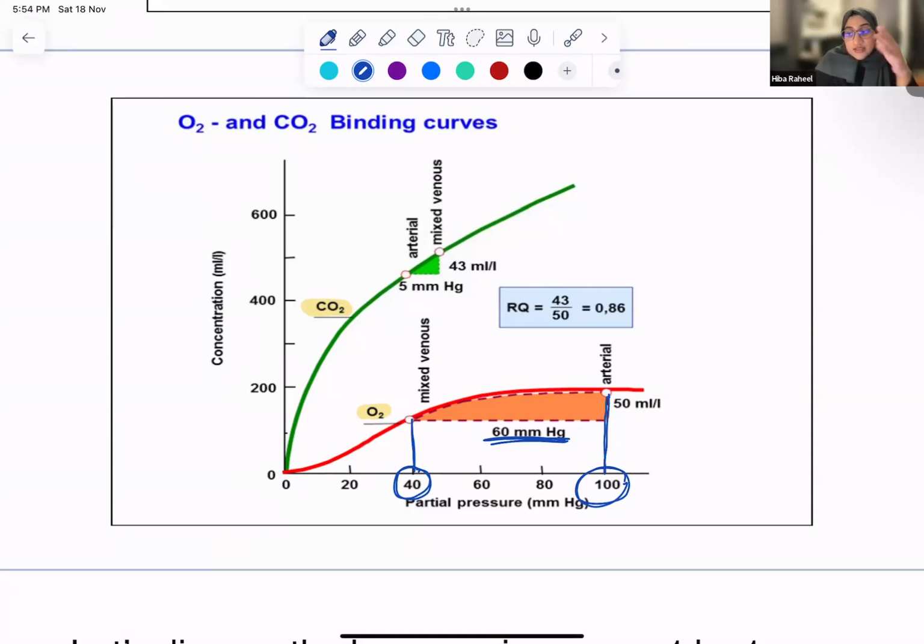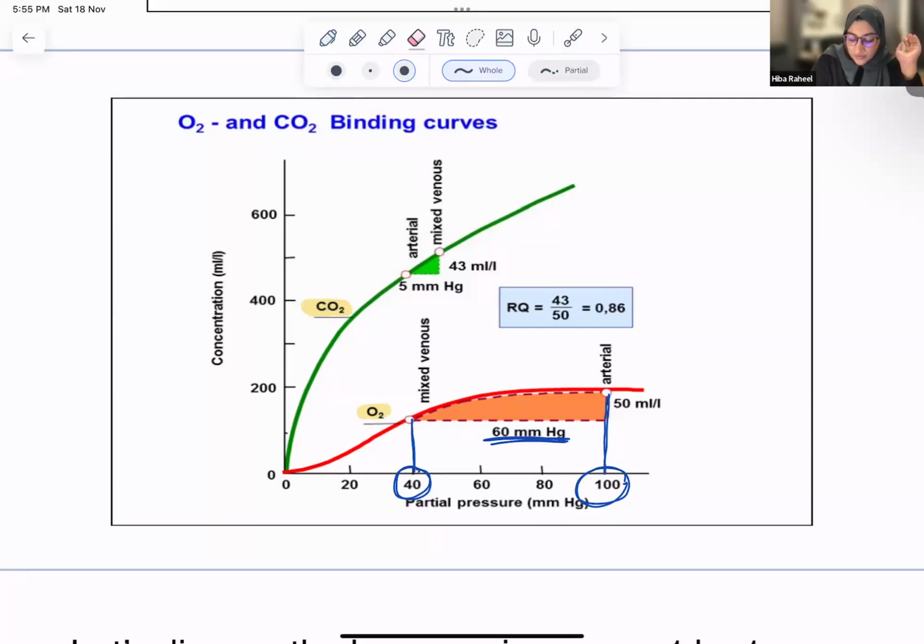I heard in your lecture he used the example of the legs. He said that as the blood flows from the lungs to the legs, the partial pressure decreases. It makes sense because the more the blood is flowing, the more oxygen is being consumed. So the partial pressure of oxygen drops. Here it's dropping about 60, and even the concentration has dropped about 50.